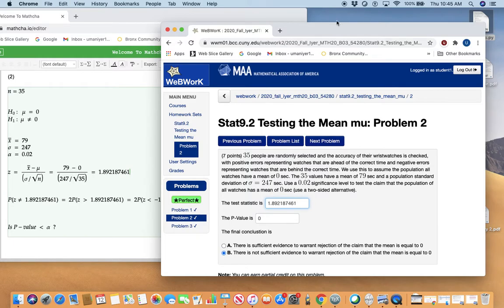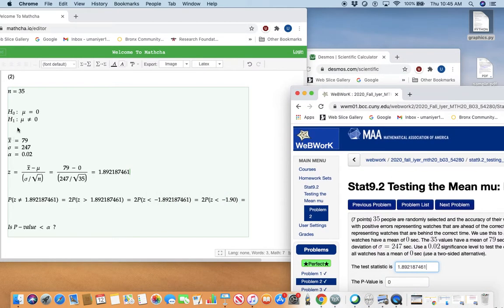All right. Now what about the p-value? So this is a two-tailed test. So p-value is twice the probability z greater than, because this is positive, you would say greater than.